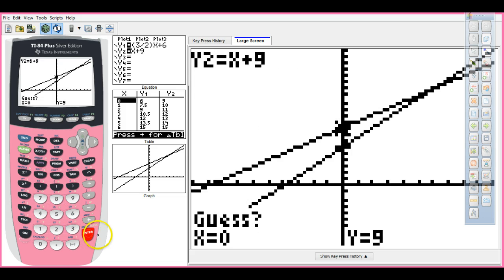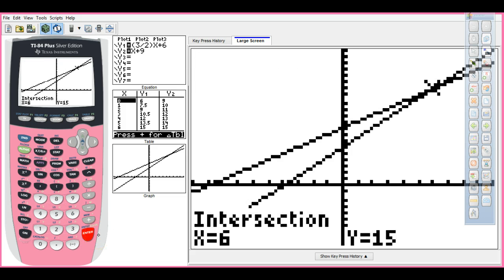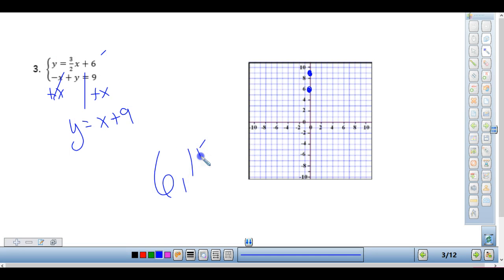Enter, enter, enter. And we end up with 6, 15 being our intersection point. And 6, 15 is going to be somewhere up here. So you still needed to graph your lines like that. Your point was just going to be up off the graph, and that's okay.